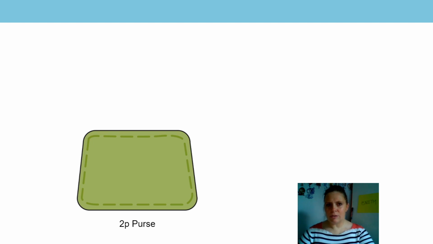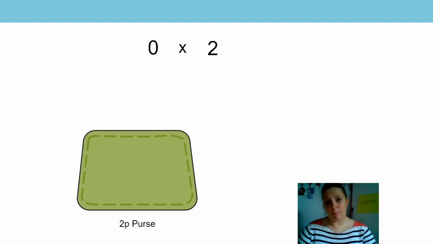Okay, so my first number is the number of groups. This factor represents the number of groups, and I have 0 groups. This number, the number 2, is a factor, and it would represent the value of each group in my purse.